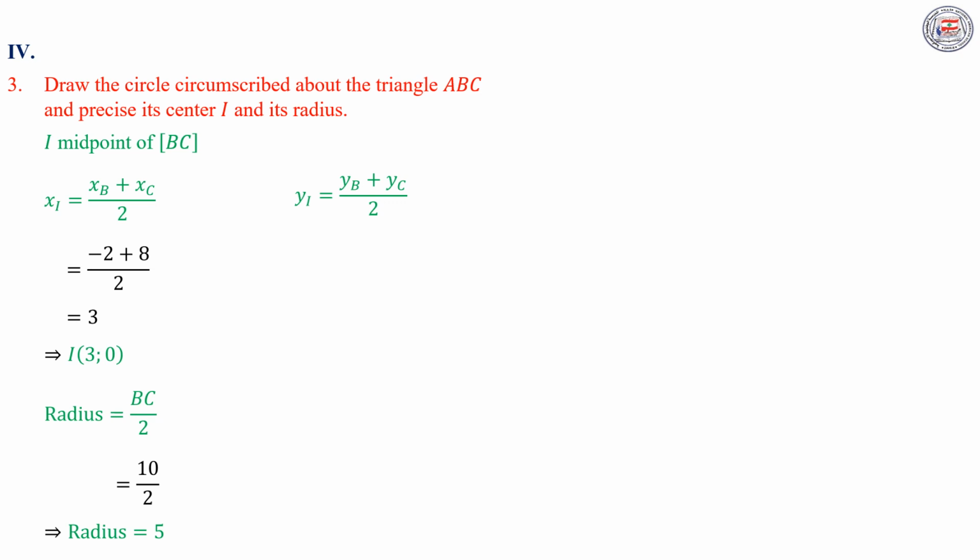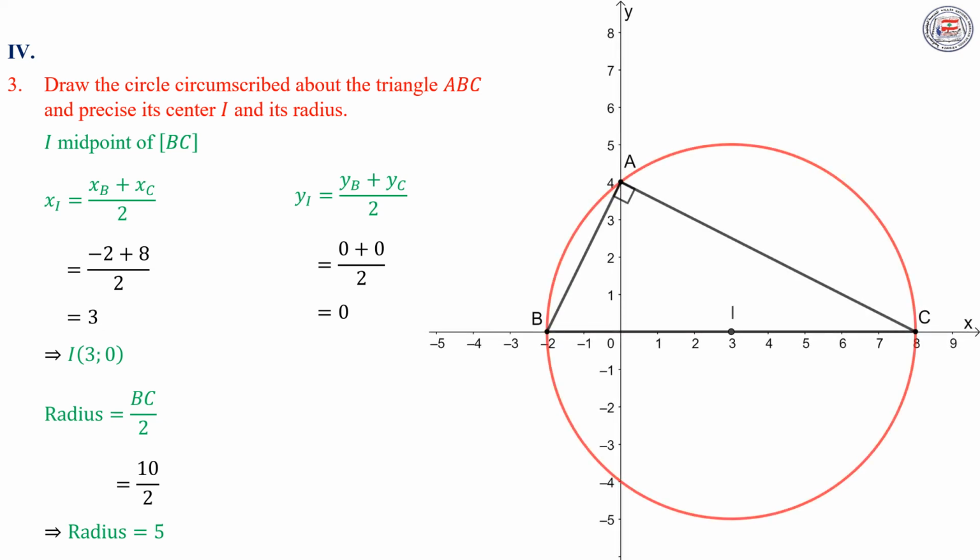Then radius equals BC over 2, with BC equal 10. Then radius equals 10 over 2. Therefore, the radius is equal to 5. And this is the representation of the circumscribed circle about triangle ABC, with the location of the point I, the center of this circle.